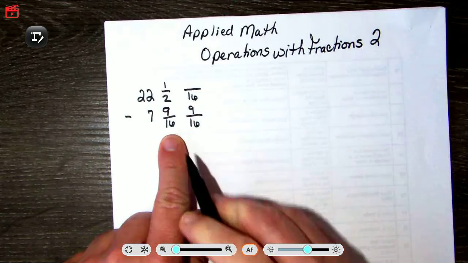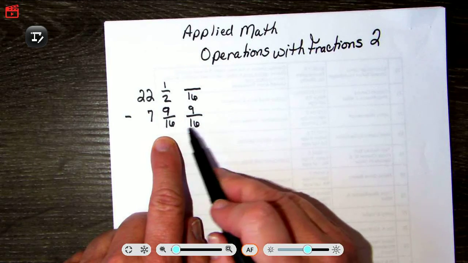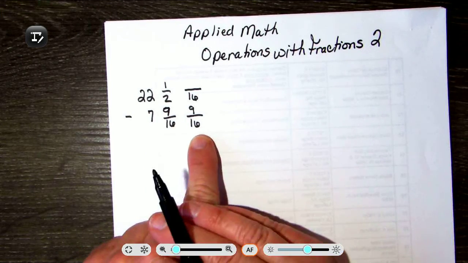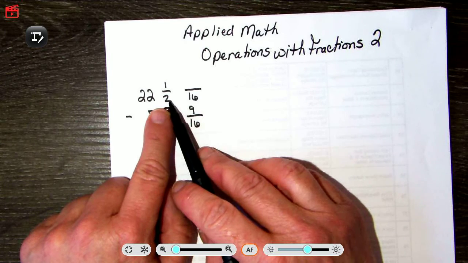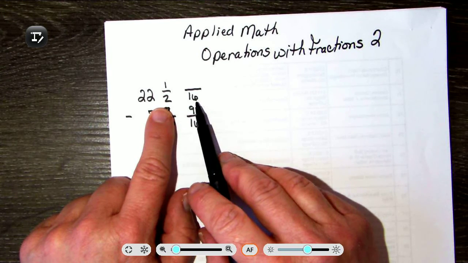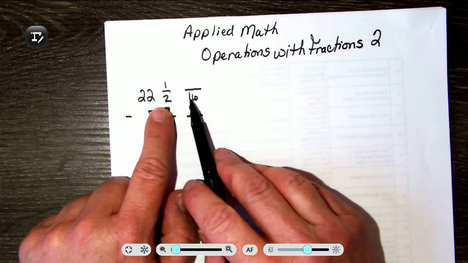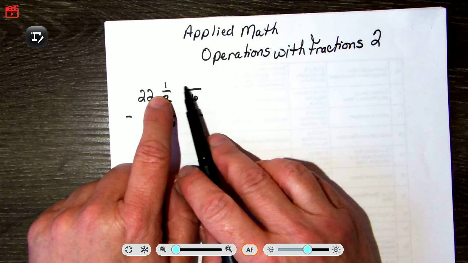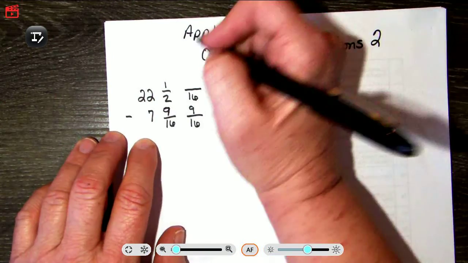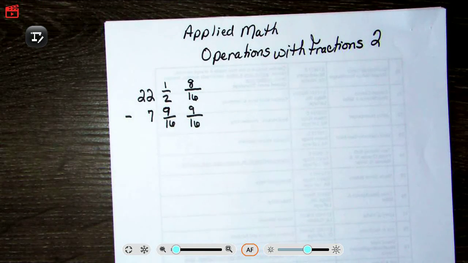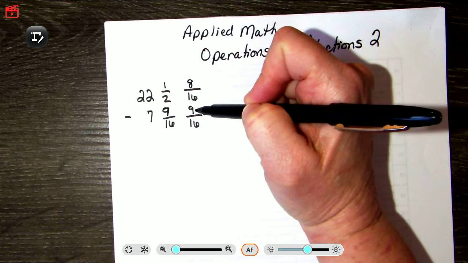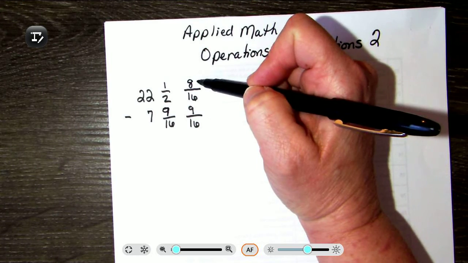So I do not need to change this 9/16. To get from 2 to 16, we had to multiply by 8. So when I multiply the bottom by 8, I'm going to multiply the numerator by 8. That gives me 8/16.